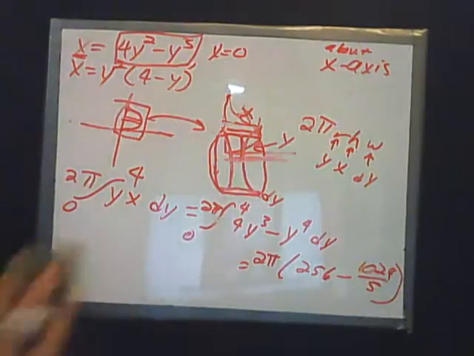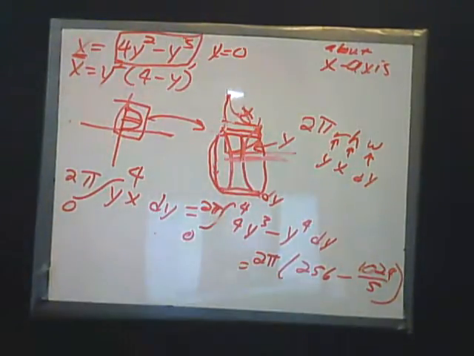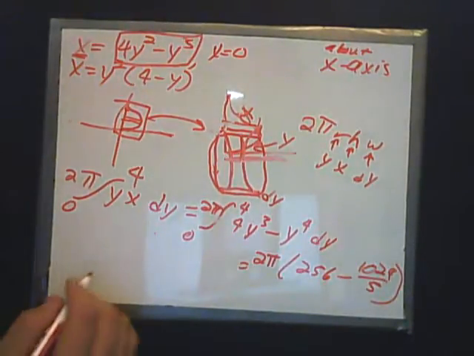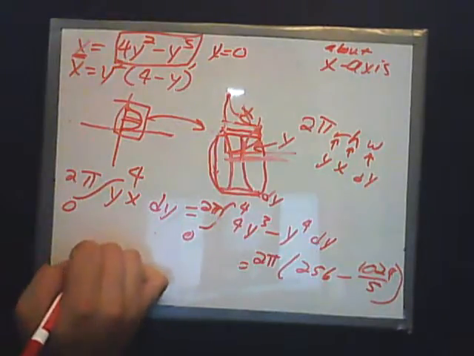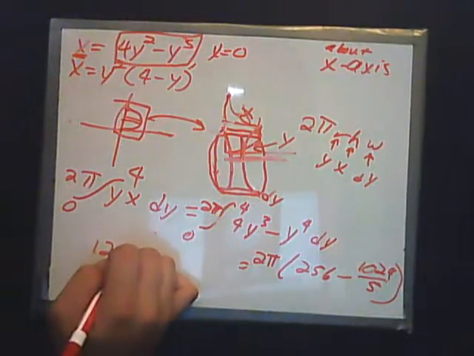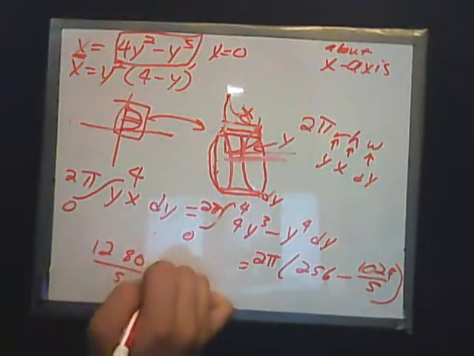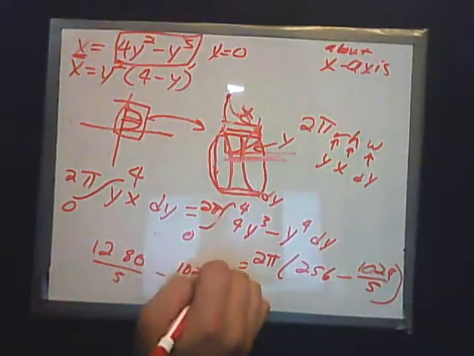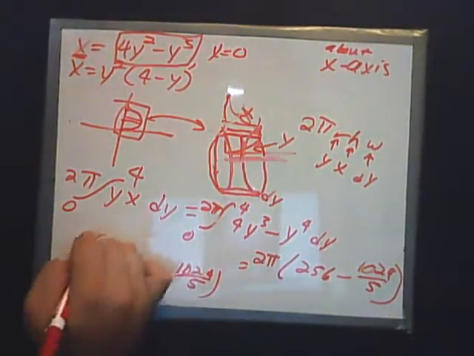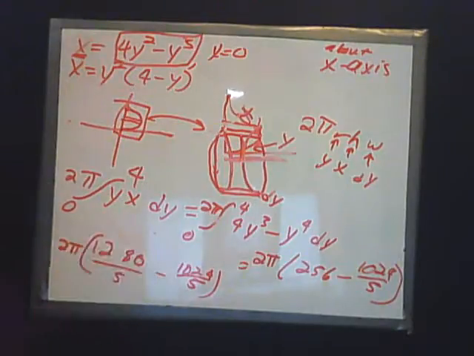So now we can simplify what's in the parentheses here and write that as 1280 over 5 minus 1024 over 5. This is all multiplied by 2 pi.